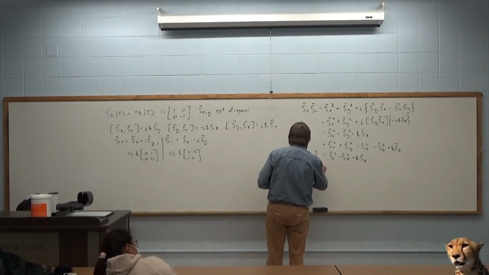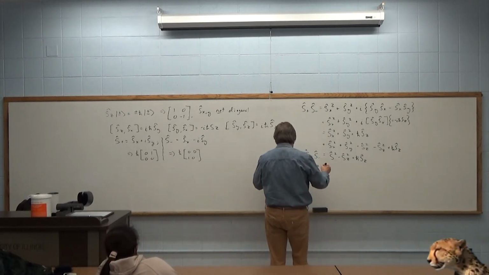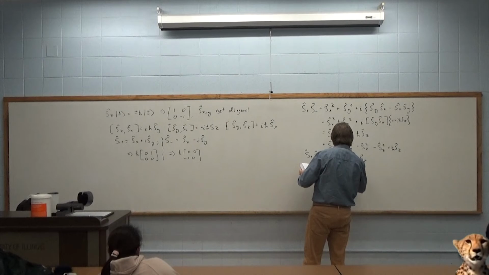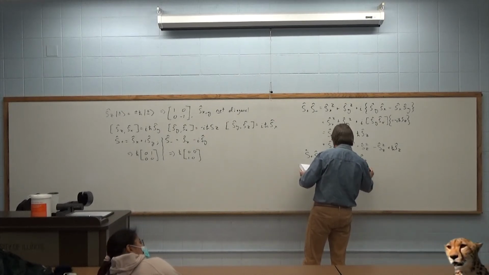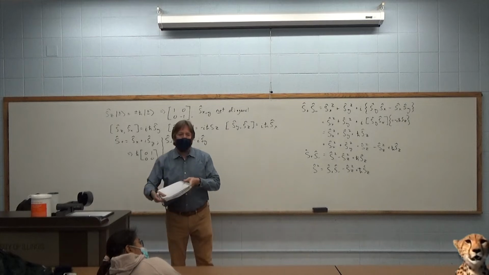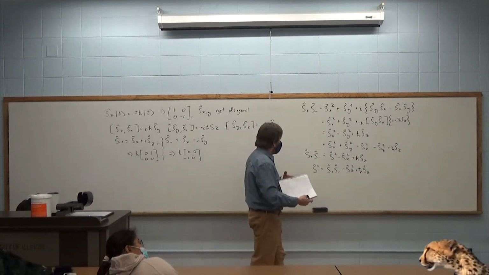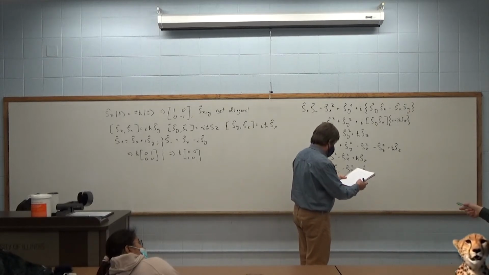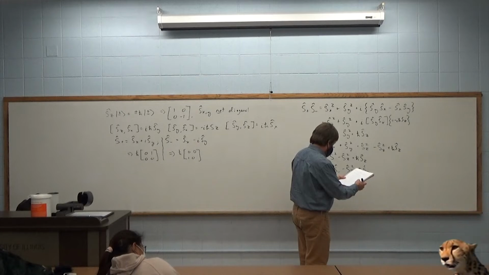So S squared is S plus S minus, minus Sz squared, plus h-bar Sz. Okay, so now what I've got is plus or minus h-bar Sz. Huh? Maybe plus Sz squared plus or minus h-bar Sz.